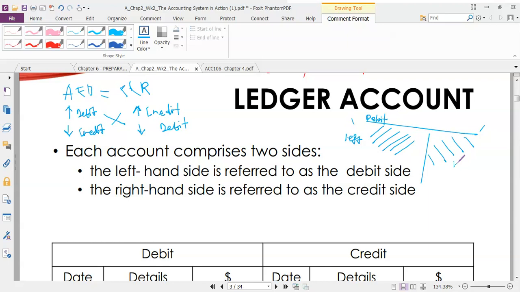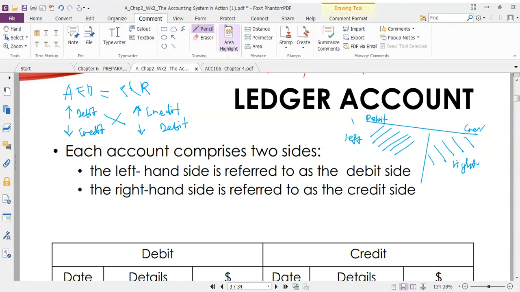On the right side, we put it as credit side, credit column. On the right side dia adalah credit column. On the left side dia adalah debit column.